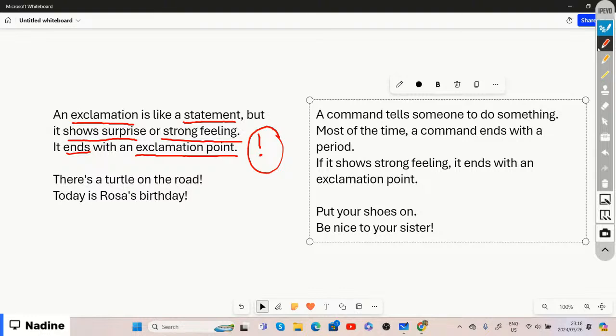So you must be like, there's a turtle on the road, or you're gonna be like, stop, right? So that is an exclamation, and that ends with an exclamation point, because an exclamation is like a sentence, but it shows surprise or it shows strong feelings.